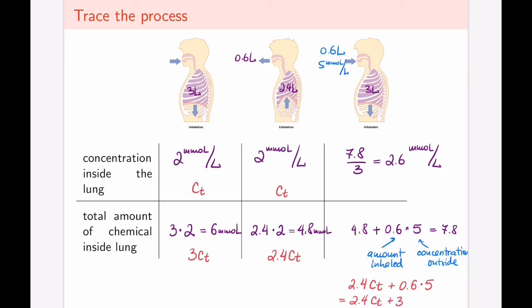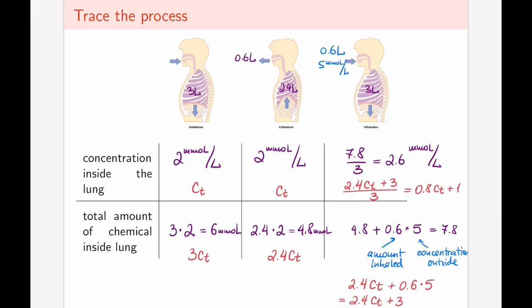And then we took this number, and in order to calculate the new concentration inside the lung, simply divided the whole thing by 3, because that was the new volume of our lung. So we had 2.4 C sub T plus 3, all divided by 3, which I can of course simplify by dividing through to get 0.8 C sub T plus 1.